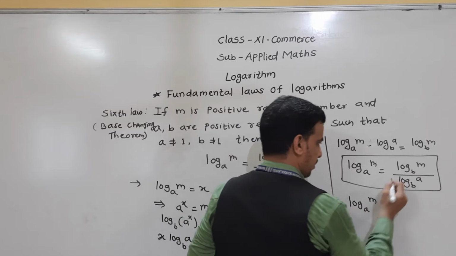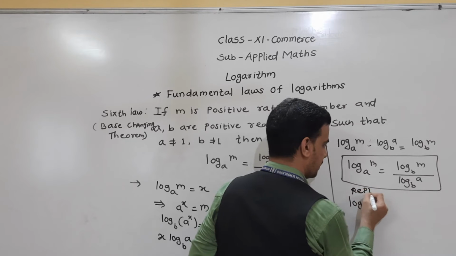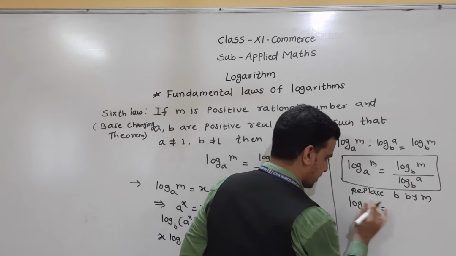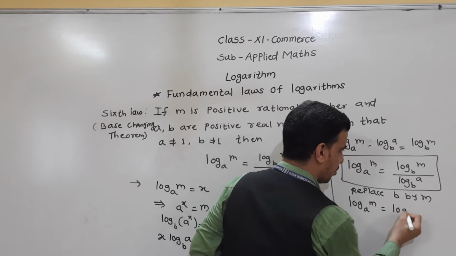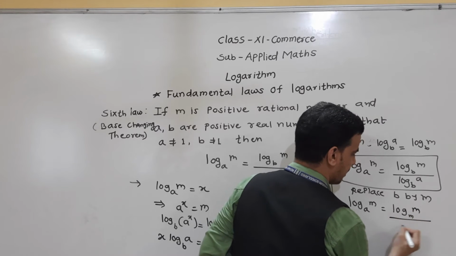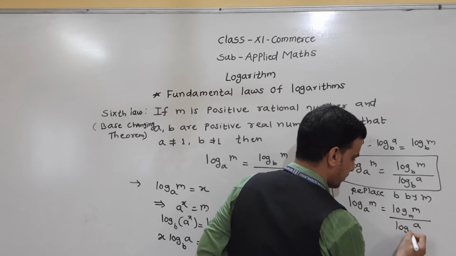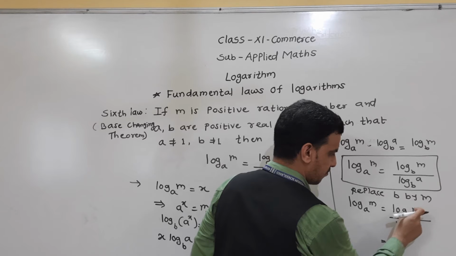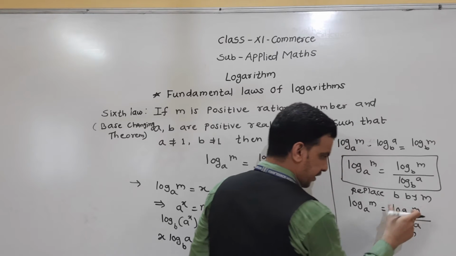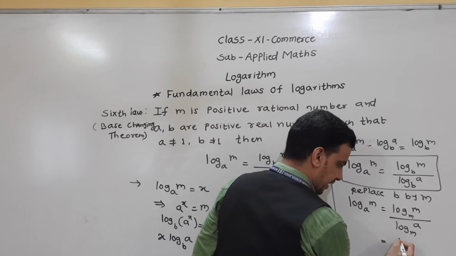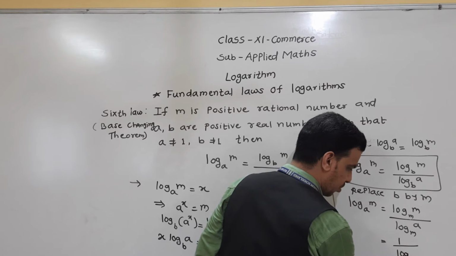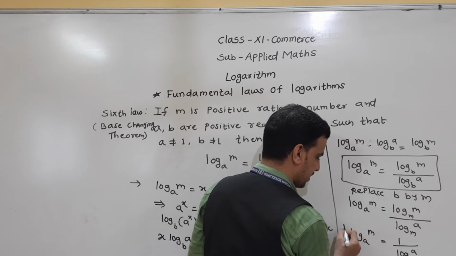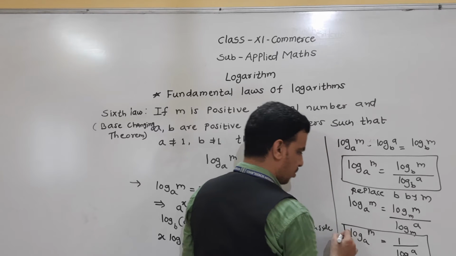So if we replace b by m, log m to the base a is equal to log m to the base m upon log a to the base m. If base and argument are the same, by the law of logarithm the answer is 1. So 1 divided by log a to the base m, so log of m to the base a is equal to 1 divided by log a to the base m.